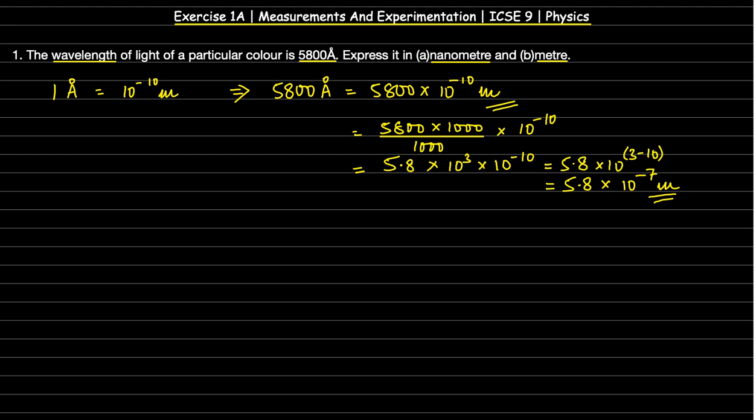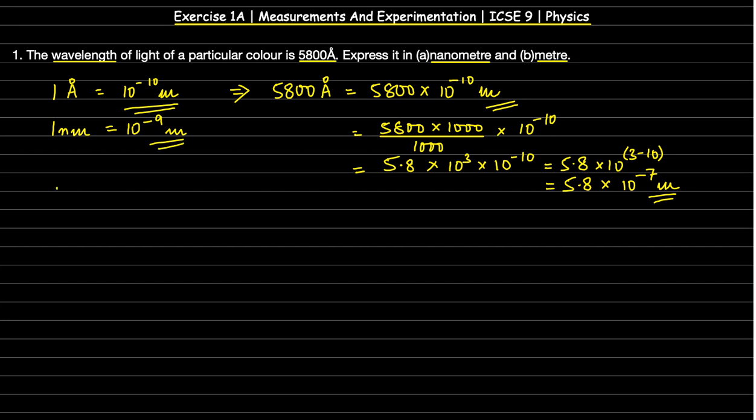Now the second part of the question says convert it into nanometer. 1 Angstrom we already know is 10 to the power of minus 10 meters. Now 1 nanometer is equal to 10 to the power of minus 9 meters.